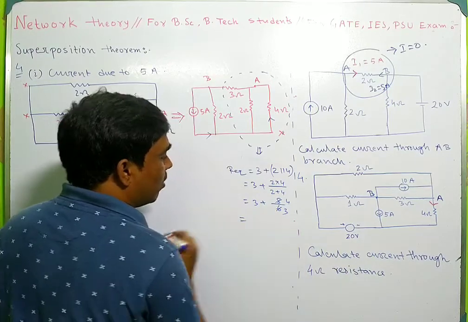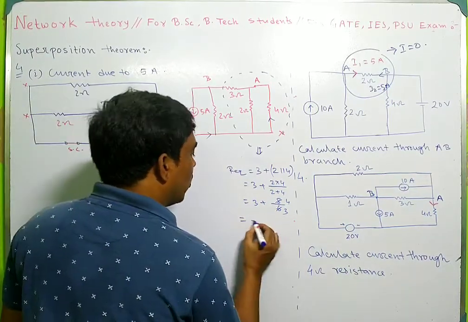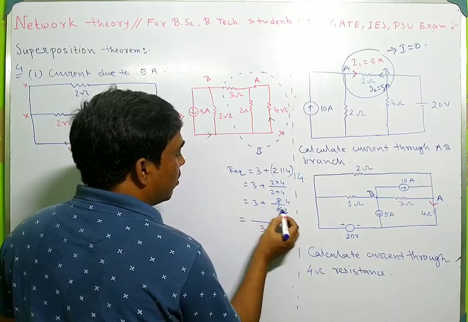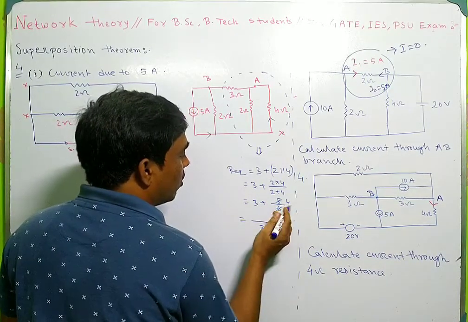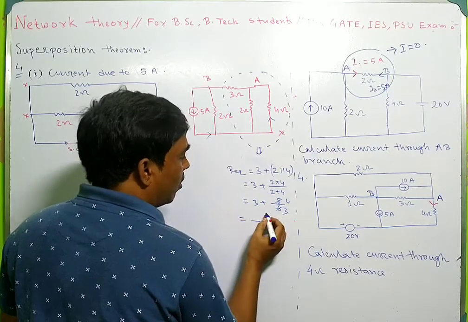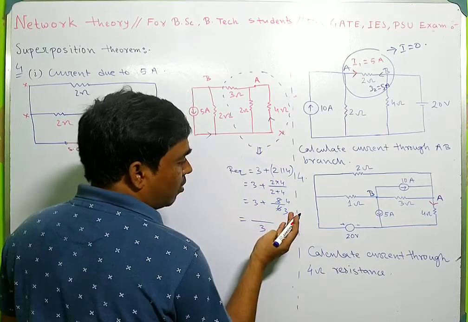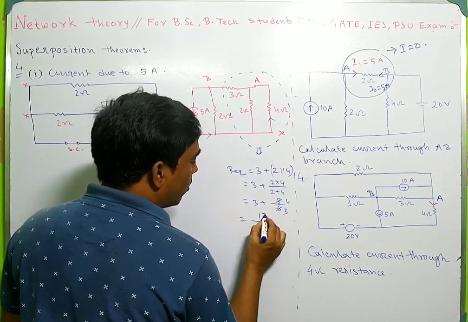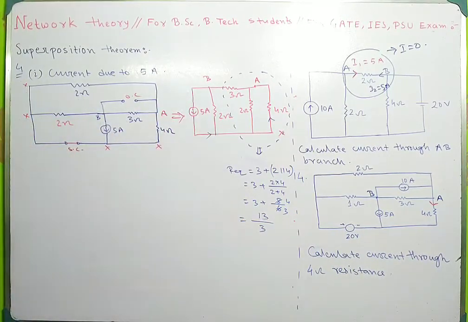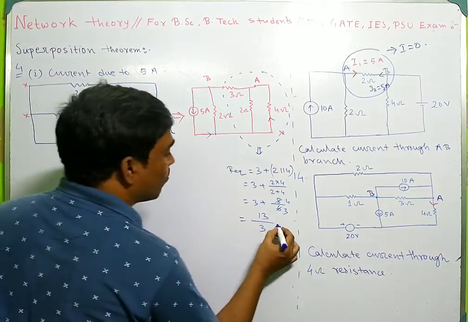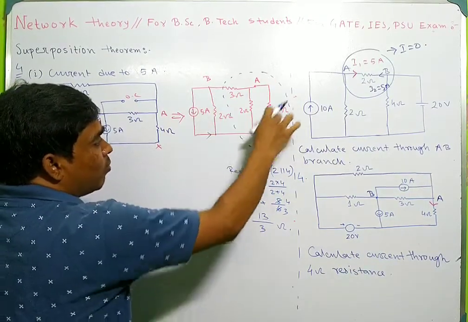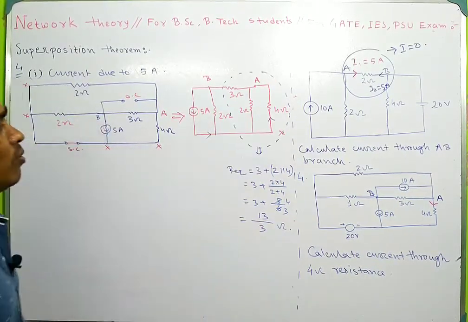So it will be 13 by 3 ohms. So the equivalent resistance of this portion is 13 by 3 ohm.